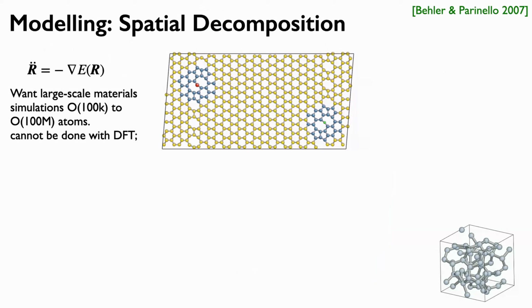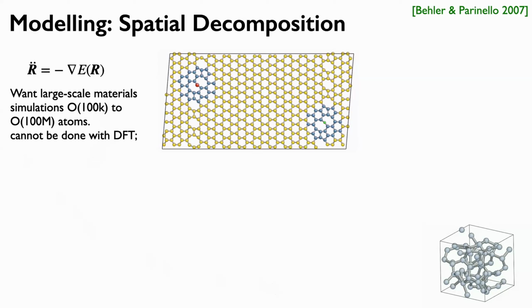Along the way, I'll develop a little bit of history and maybe a few warnings on what things to think about if you think about ML potentials in general, because ACE really is just one out of an enormous zoo of ML potentials. Okay, so the goal is you want large-scale simulations. Otherwise, if you only care about a handful of atoms, you can use DFT for the most part.